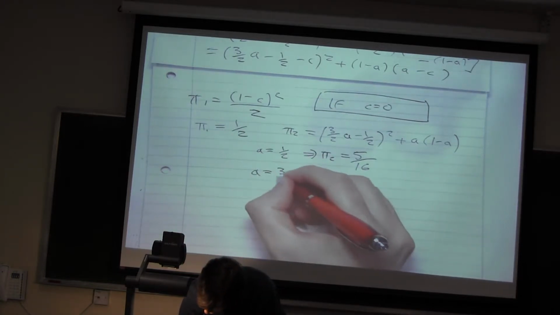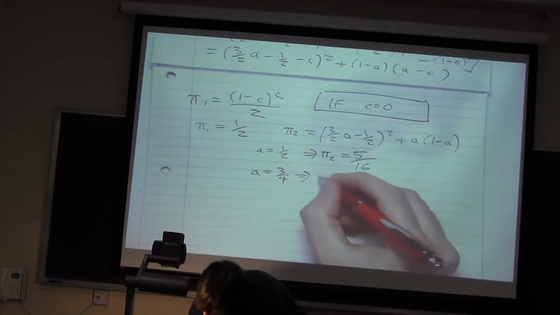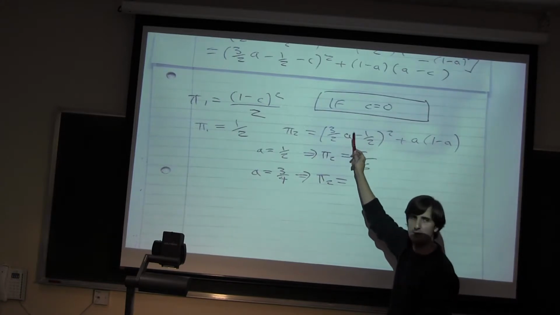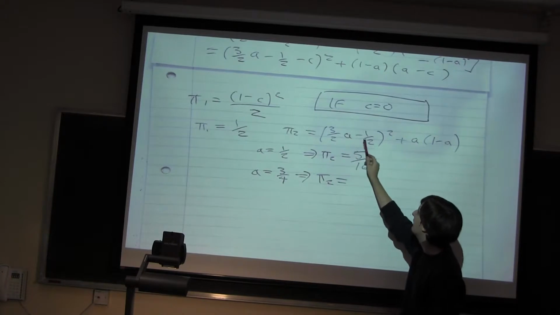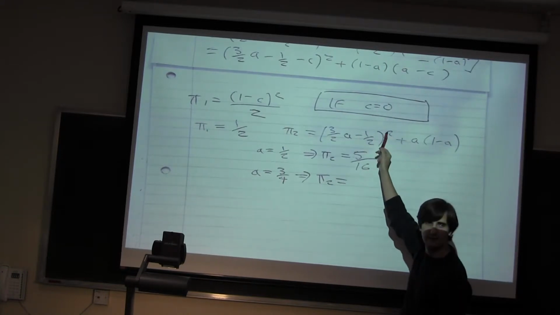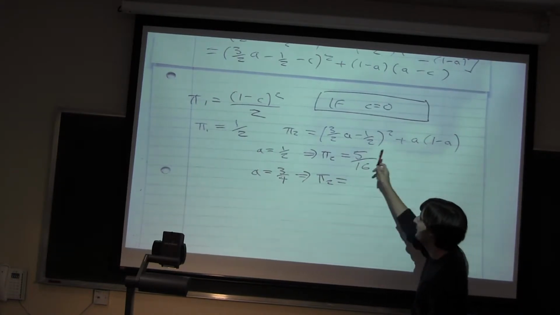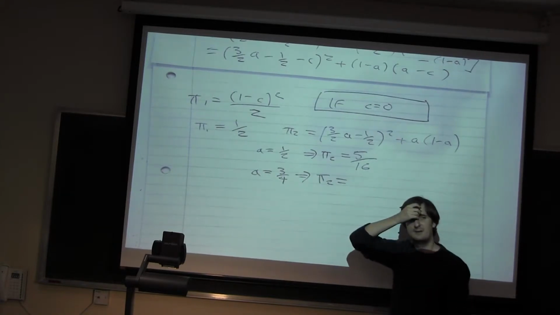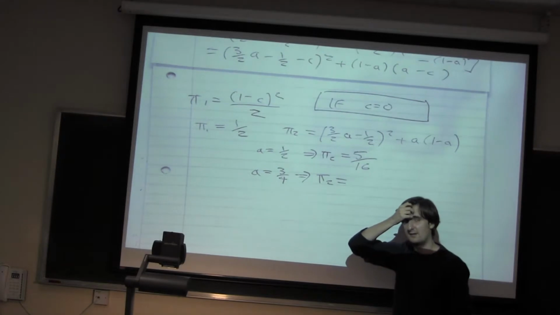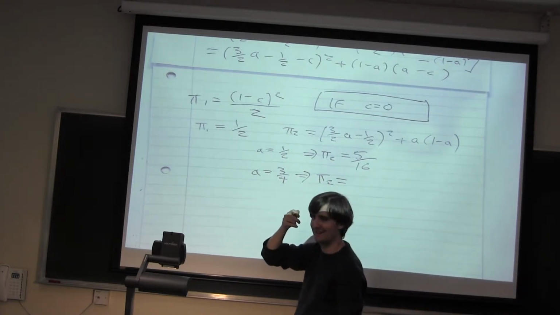But if a is equal to 3 quarters, so the low value types have higher demand generally, then pi 2 is going to be equal to 3 over 2 times 3 over 4, which is 9 over 8, minus a half, which is 5 over 8. 5 over 8 squared is 25 over 64. 3 quarters times a quarter is 3 over 16, which is 12 over 64.